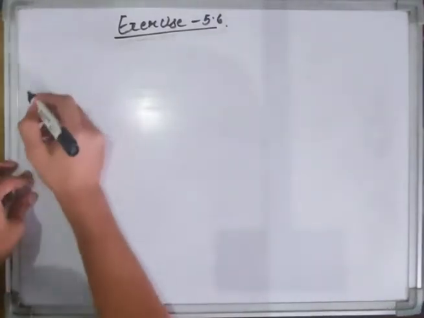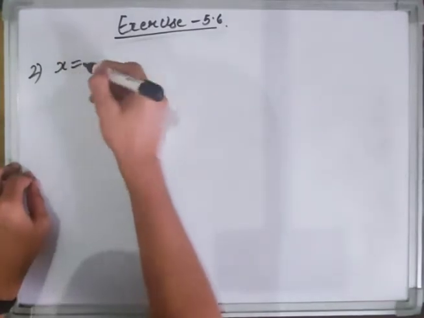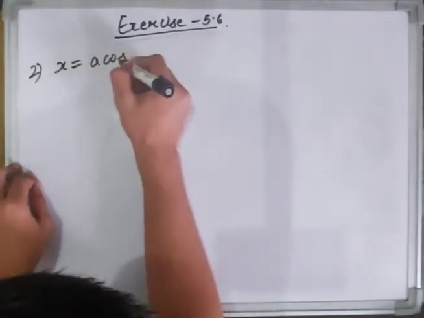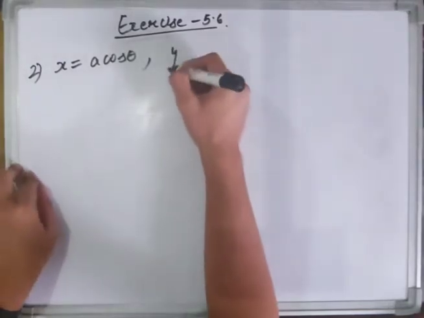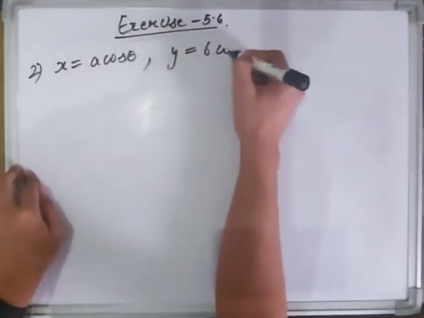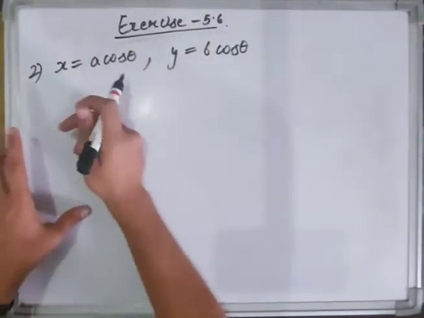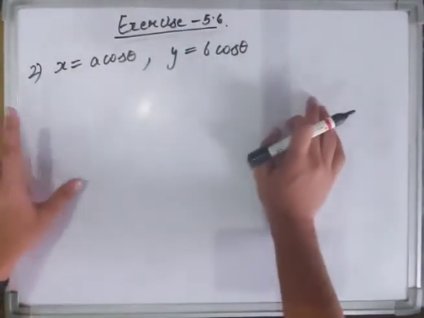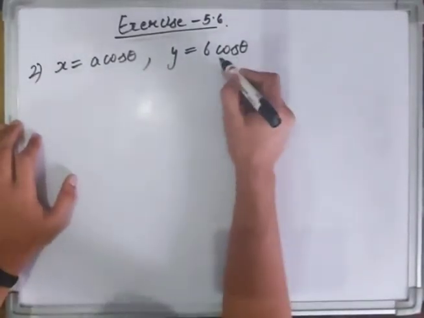Okay students, now let's have a look at our second question, which is x equals a cos theta and y is equal to b cos theta. We will differentiate y and x individually with respect to theta, because we have theta.